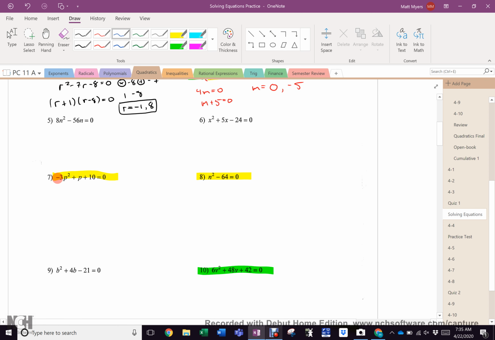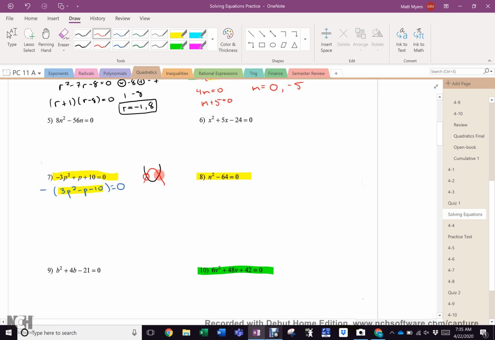Now this one has that negative out there, so let's get rid of it. And then there is our parabola. That's what we factor for the x's. The negative doesn't matter because all that negative does is instead of being this, it's this.